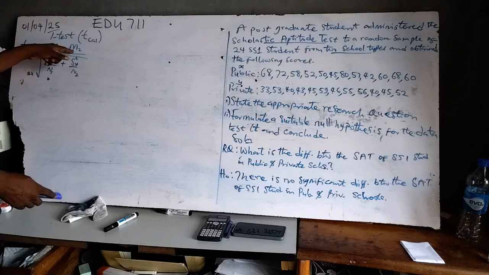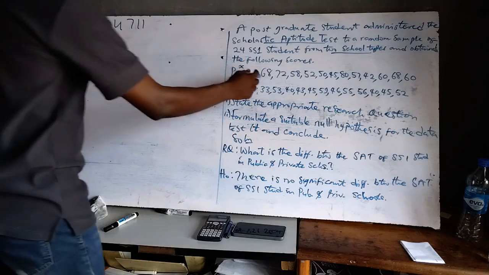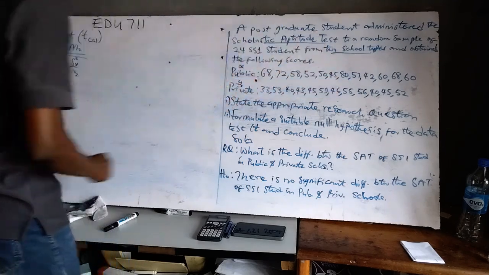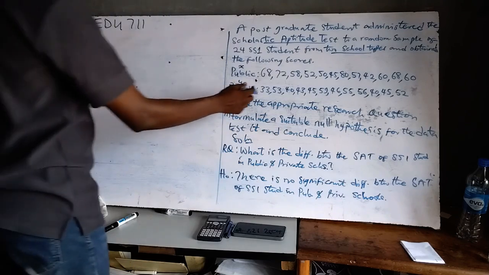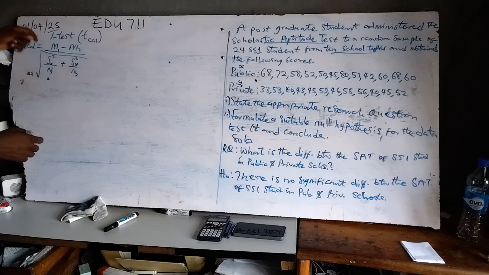M1 is the mean of x, M2 is the mean of y. Then N1 is the total number of items we have here, which is 12. N2 is the total number we have here, which is also 12. So here we need this.